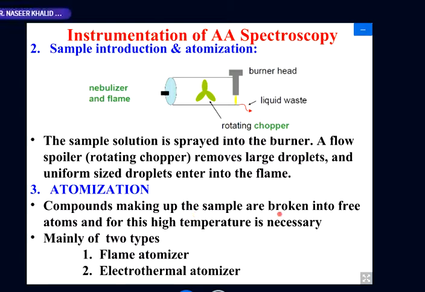These compounds are broken into free atoms, and they reach this flame. There will be certain reactions taking place, and so copper positive 2 will be converting into copper 0.